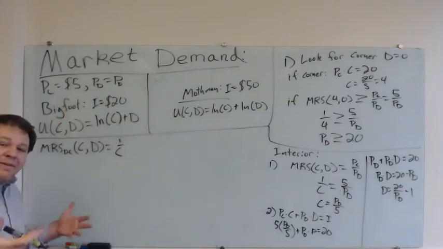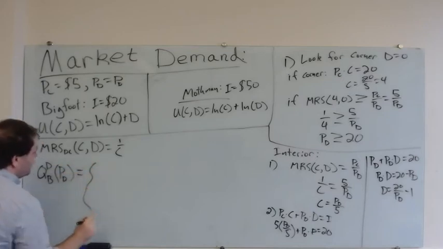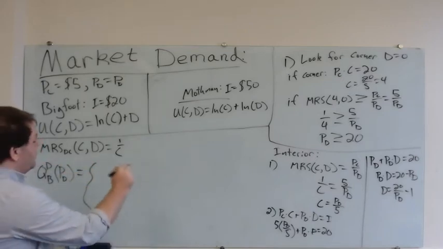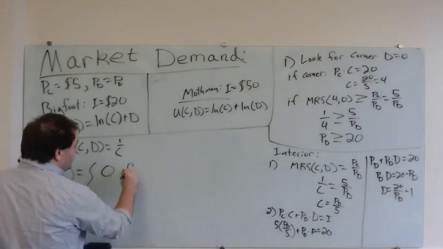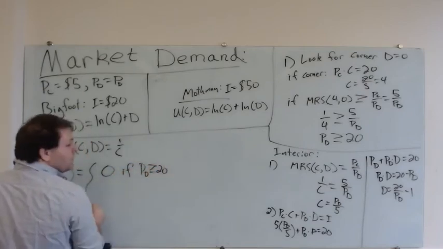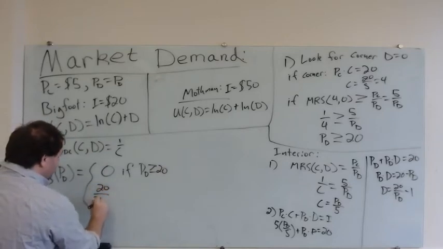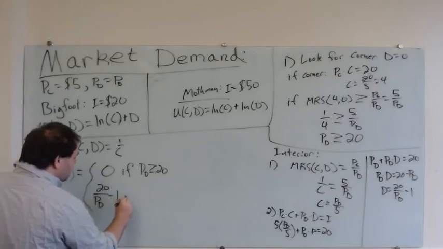So we're going to get QDB as a function of the price of a dolly painting is equal to 0 if PD is greater than or equal to 20, and it's going to be 20 over PD minus 1 if PD is less than 20.